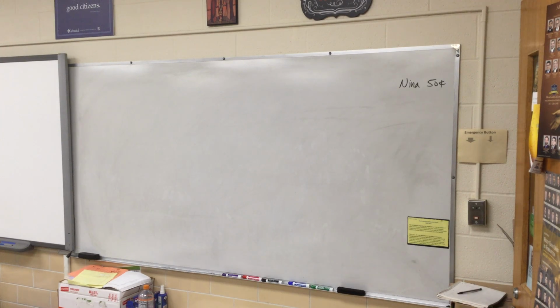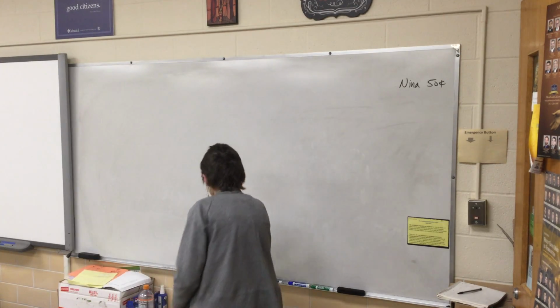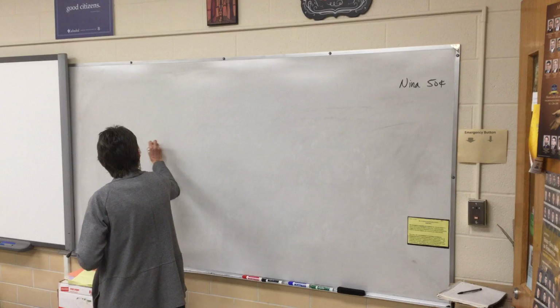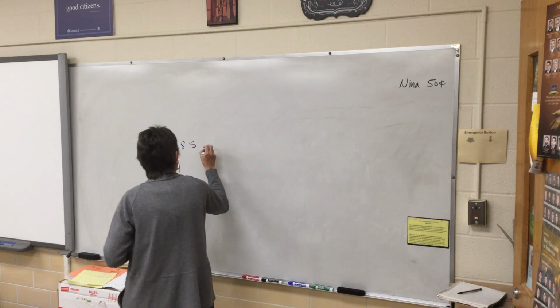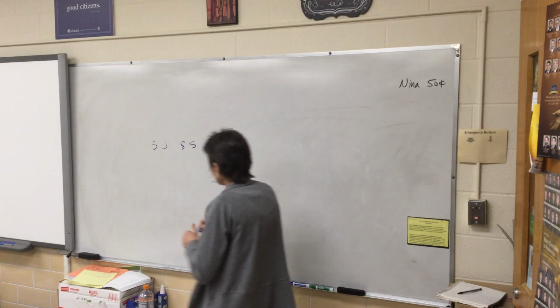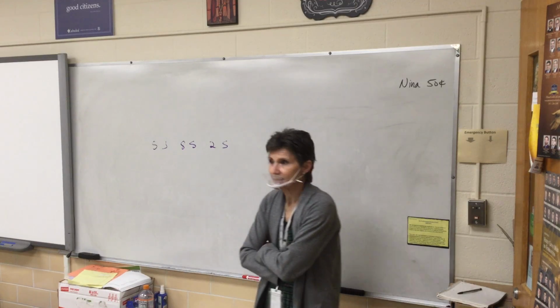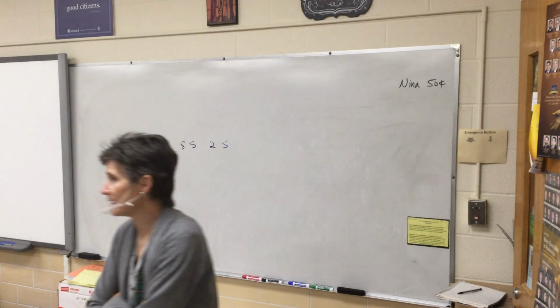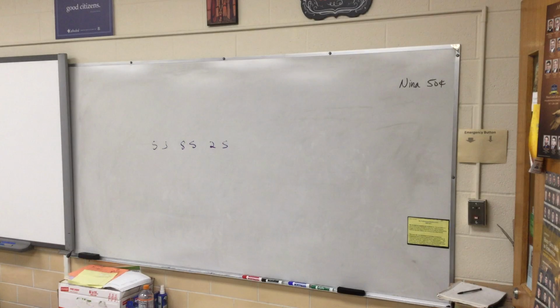How many ways can I choose a jumper, a shirt, and a sweater if I have 5 jumpers, 8 shirts, and 2 sweaters? 5 times 8 times 2.